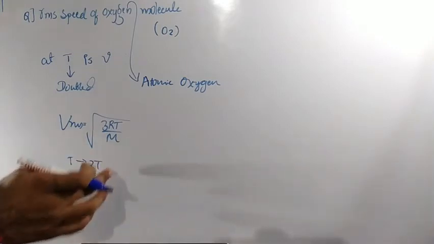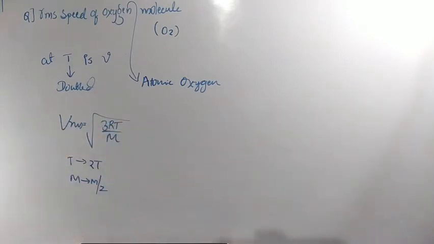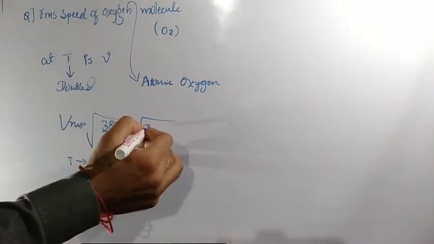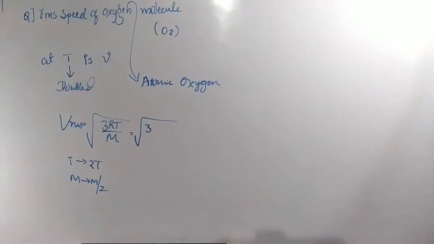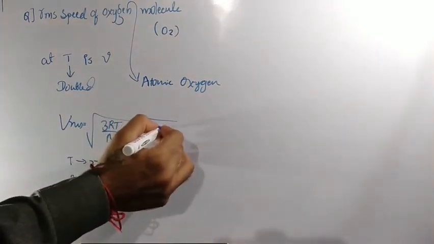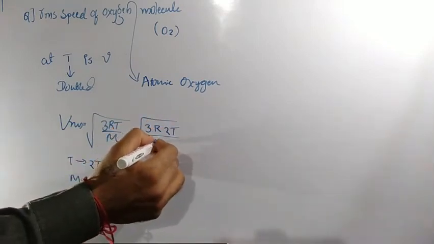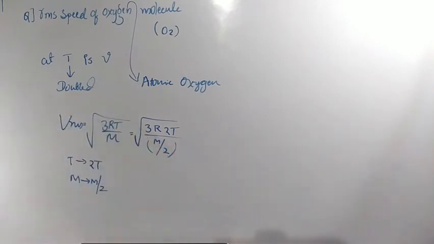So these factors we have to substitute here. So VRMS value will be equal to root of 3, R as it is, T value 2 times T, divided by M value M by 2. Simplify this one, what value you are going to get, note it down.